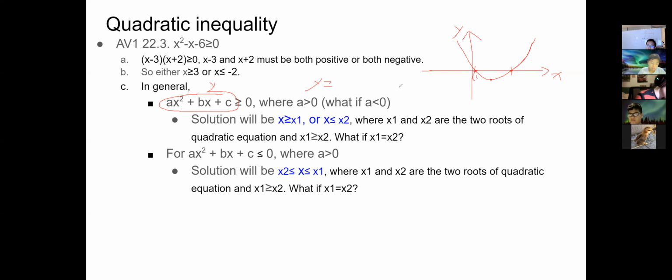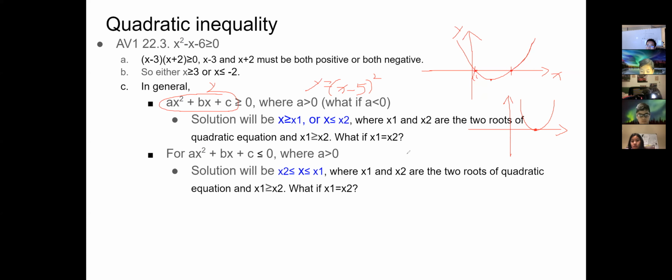And in a case like this, this graph will have only one intersection with x. So it will be something like this, right? It just touched here. There's only one root in here. Okay.